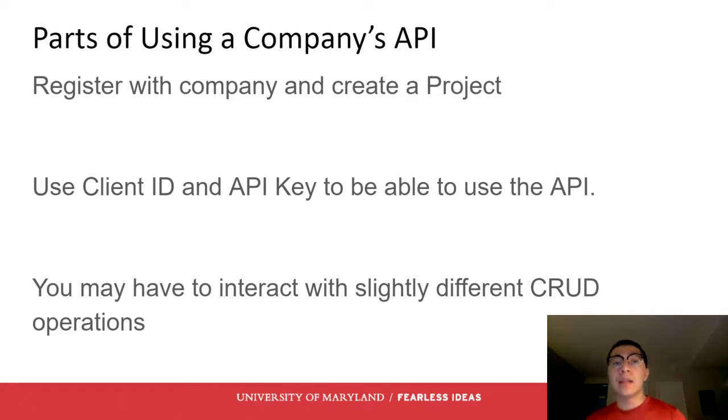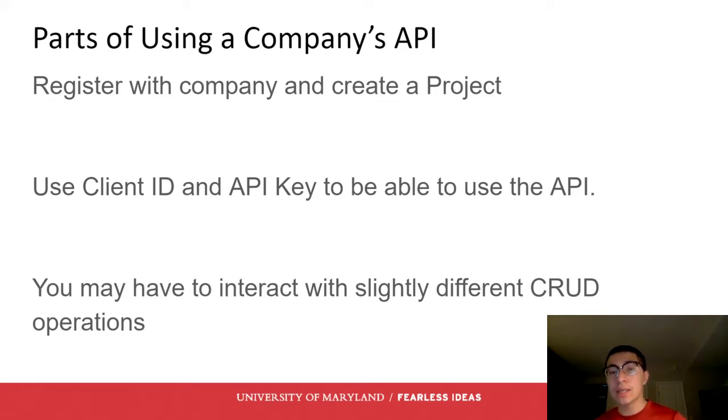And then from there, they will give you a client ID, an API key, and consumer ID, and a secret consumer ID is what the last one is. Essentially, these are different keys that are your way of authenticating that this is you, the person who has that account, that is going to be requesting from the API.